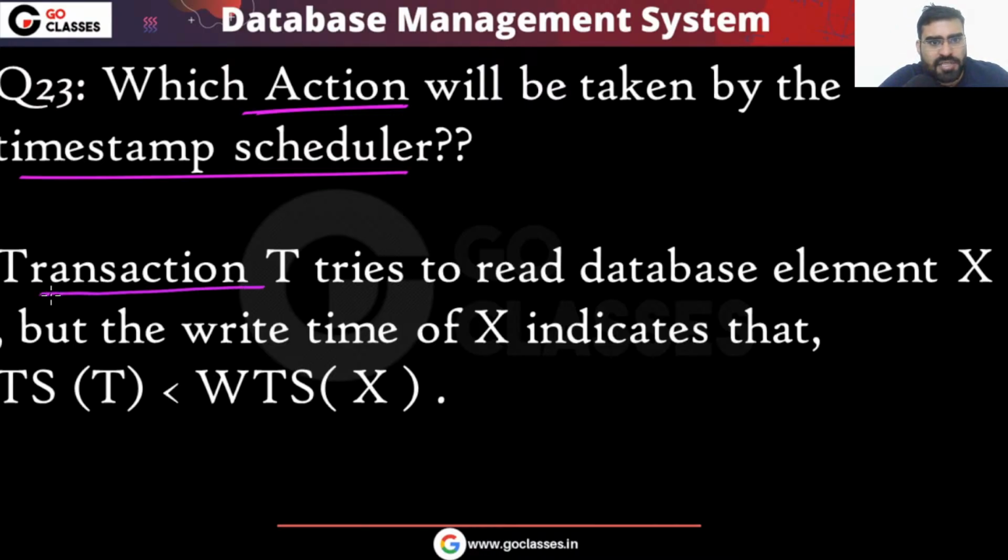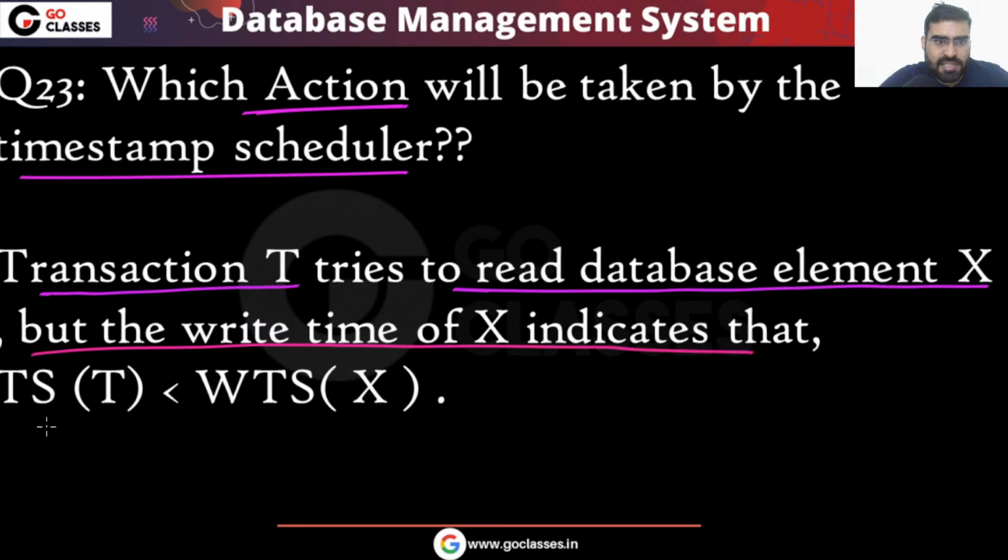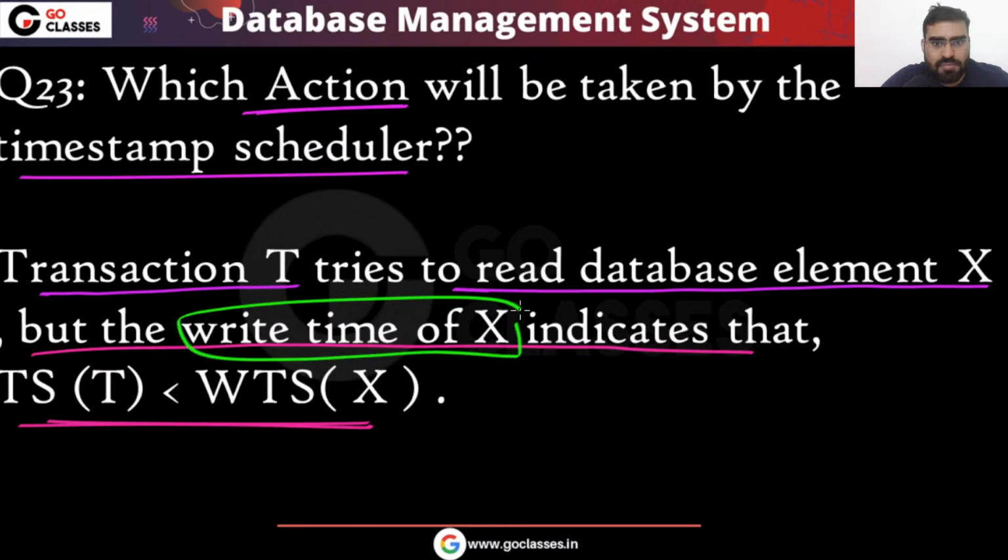Transaction T tries to read data item X, but the write time of X indicates that the timestamp of transaction T is less than the write timestamp of X. Correct answer I want.